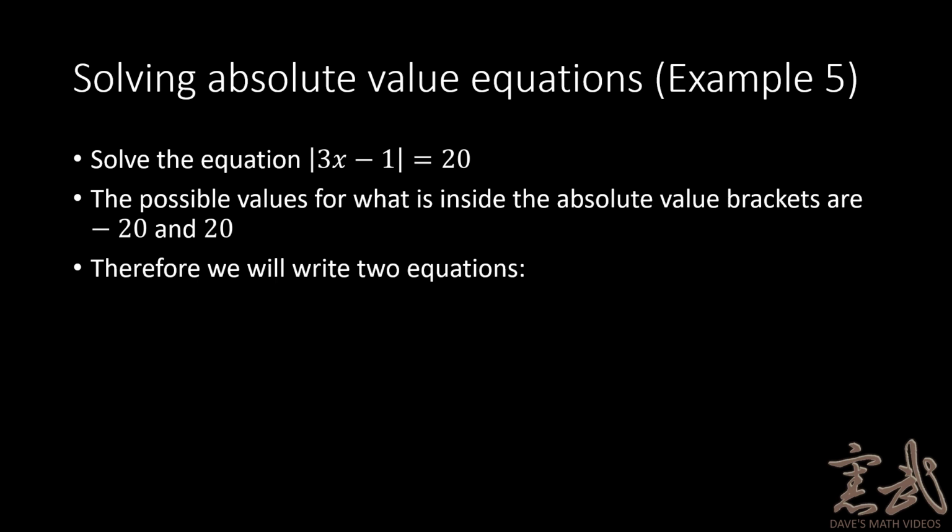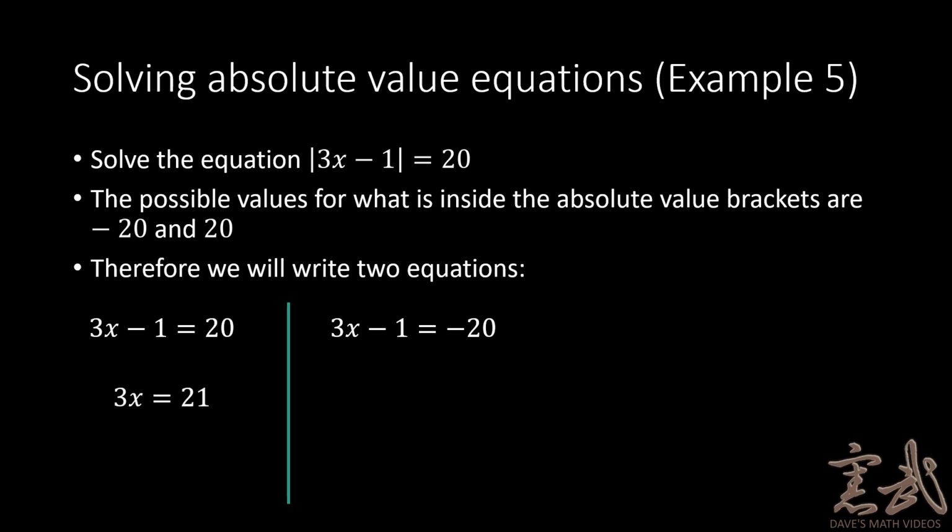Therefore, we will write two different two-step equations. The first equation will be 3x minus 1 is equal to positive 20. The second will be 3x minus 1 is equal to negative 20. We can solve both of these equations separately.